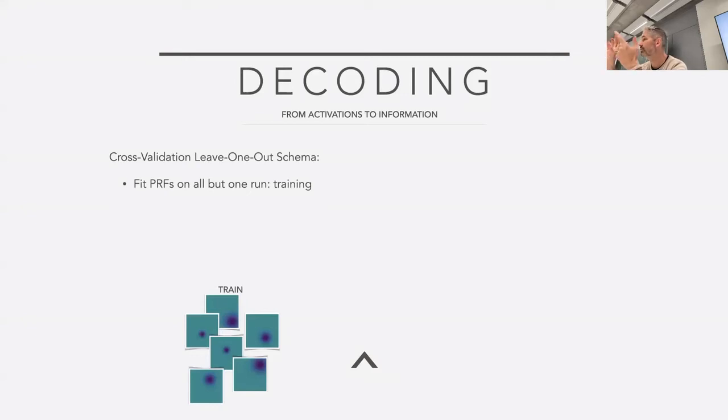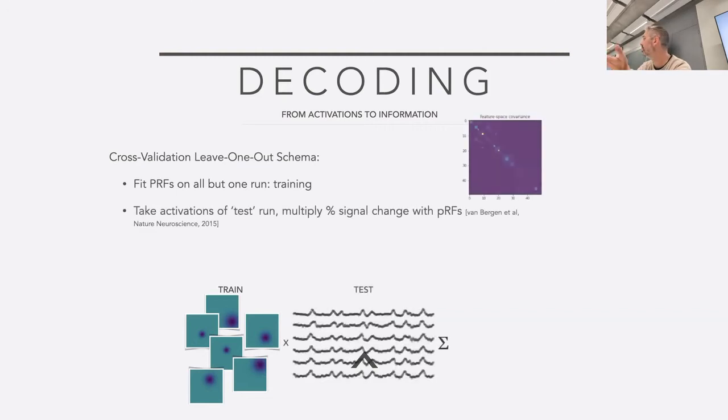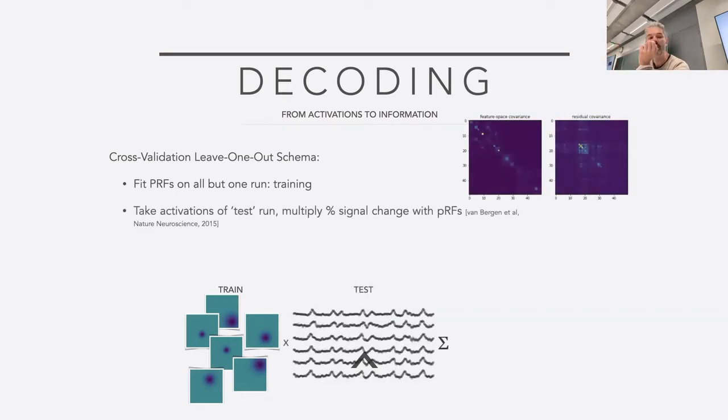Now we want to sort of invert that whole thing and understand how to decode what the visual brain region is doing. So this is one of the ways in which we do that. What you do is you fit all of these receptive field models on many runs, and then you have a separate run that you want to decode. That we call a test run.